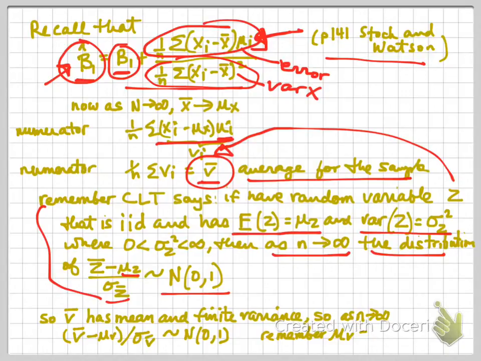So we appeal to the central limit theorem. It tells us then that this V bar, which has mean and finite variance, is normally distributed. In particular, if we normalize it, so V bar minus mu V over sigma V follows the standard normal distribution.